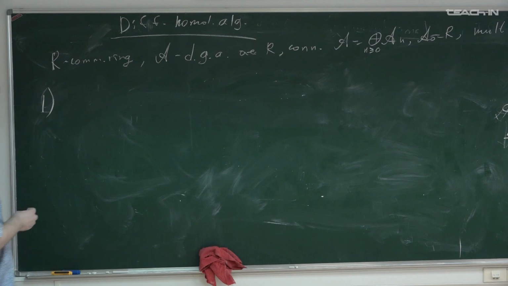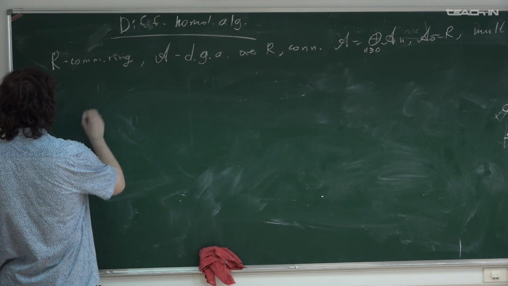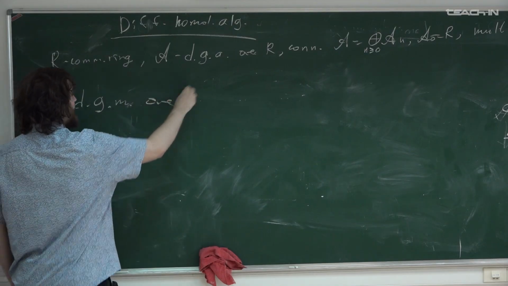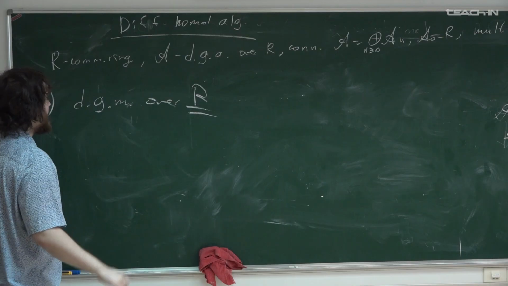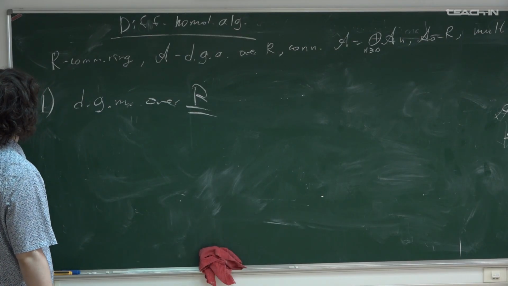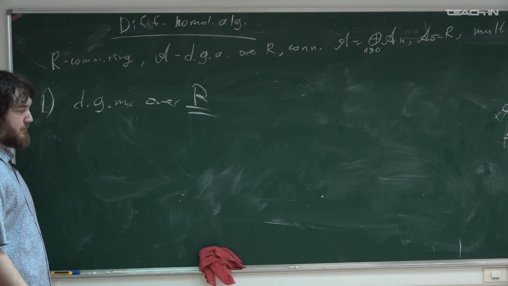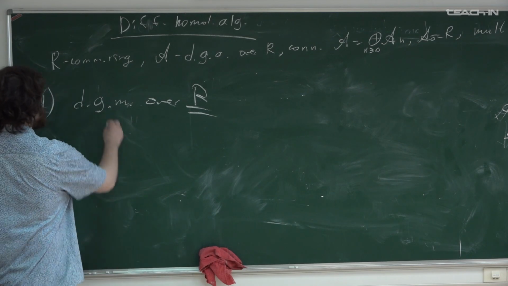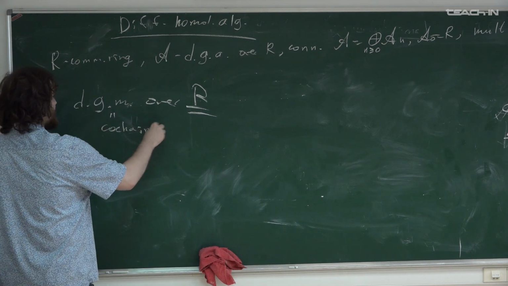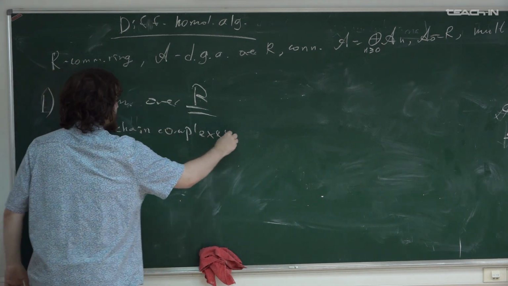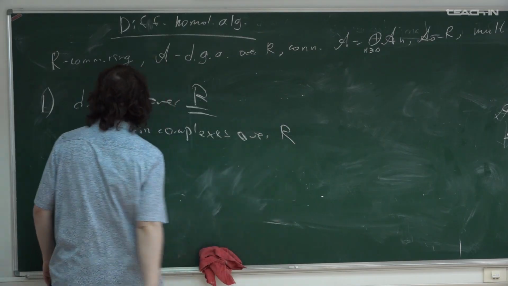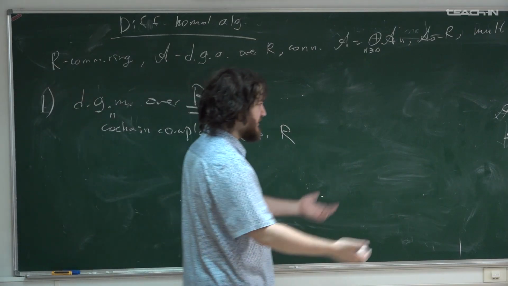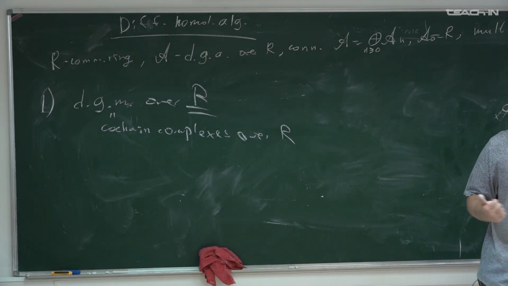Consider differential graded modules over R, that is, chain complexes or cochain complexes over R. Then I also have a definition of proper epimorphism: an epimorphism of cochain complexes which is an epimorphism on cocycles is a proper epimorphism.